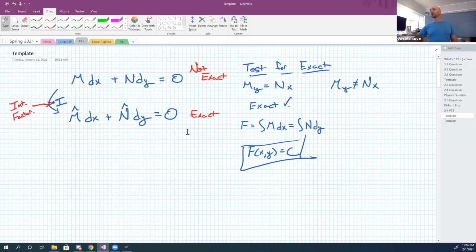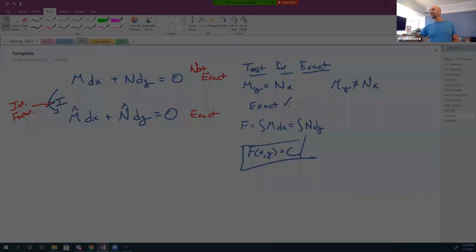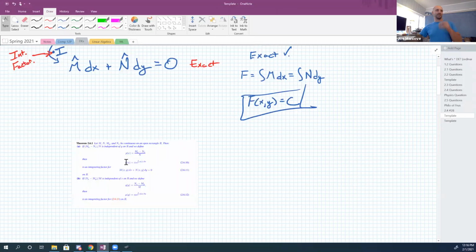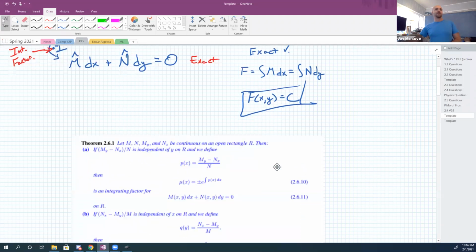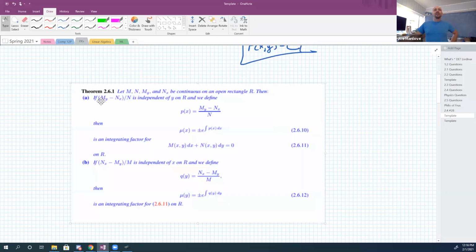So there's this theorem in the book that says, essentially, if you've got your differential equation, if I've got some continuous partials, and if my minus N_x over N is independent of y on R, and then we define this P, then this kind of funny mu created this way is actually an integrating factor.